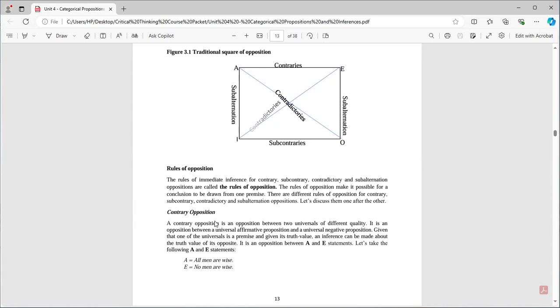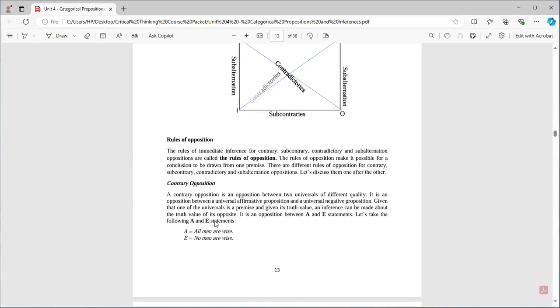Now, remember we said we are making an argument. One is going to be our premise, the other is going to be our conclusion. To determine whether our conclusion is valid, we assume that one of them is a premise and the other is a conclusion.